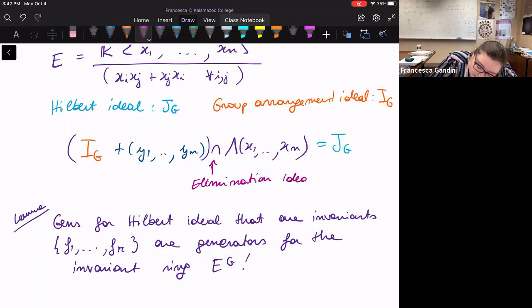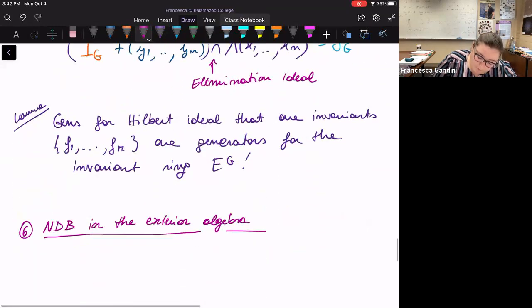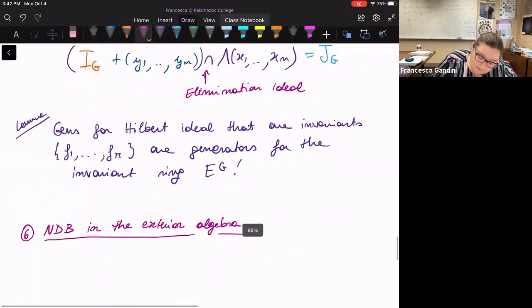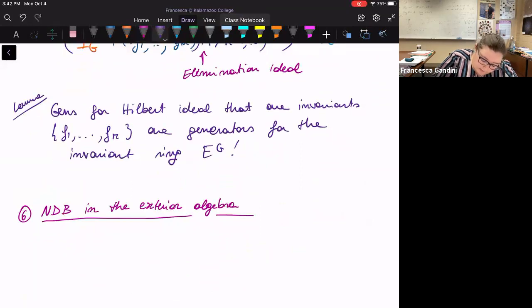So what is the upshot here? IG is generated in degree less than or equal to the order of the group.